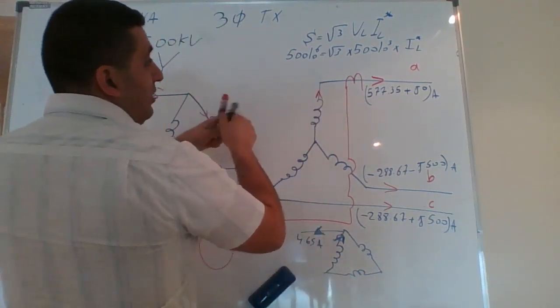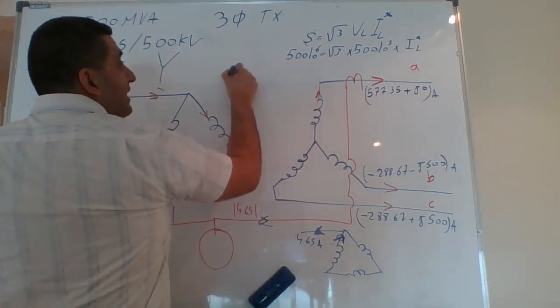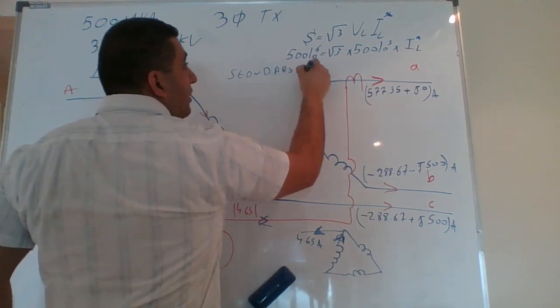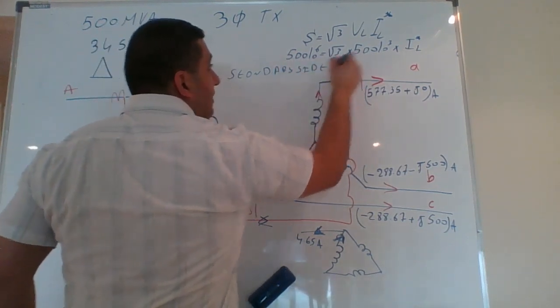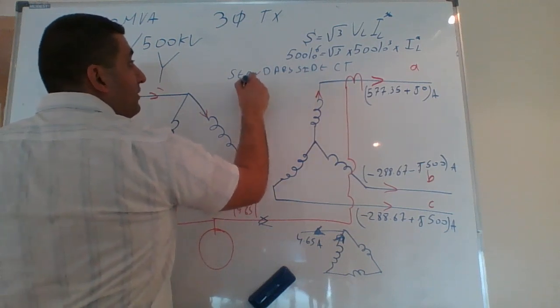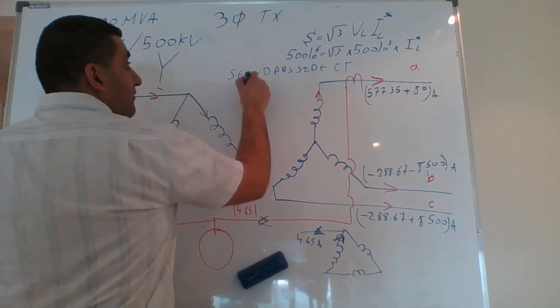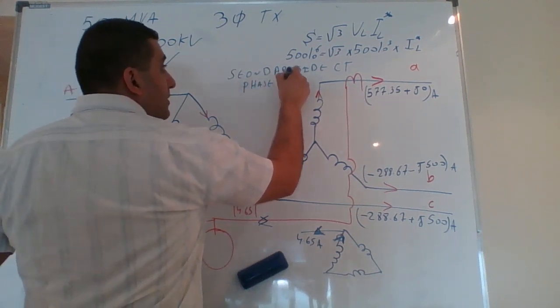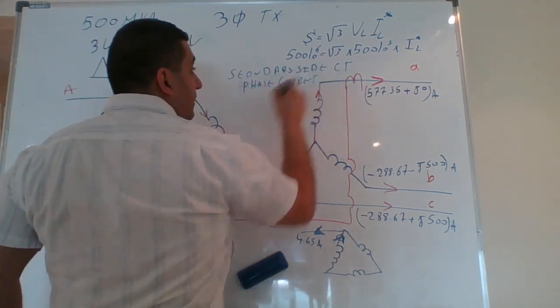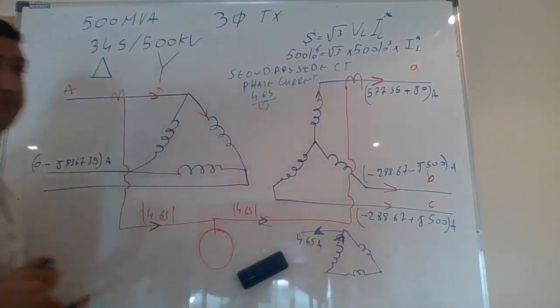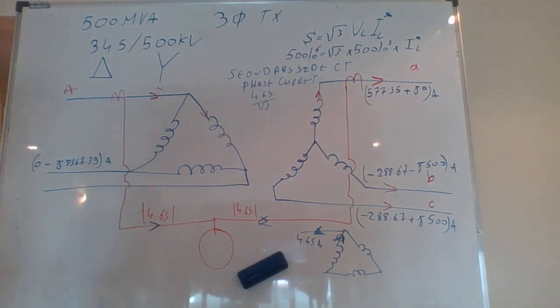On the secondary side, the CT should have an output phase current of 4.65 divided by √3 in magnitude, which will give us 2.68 amps.